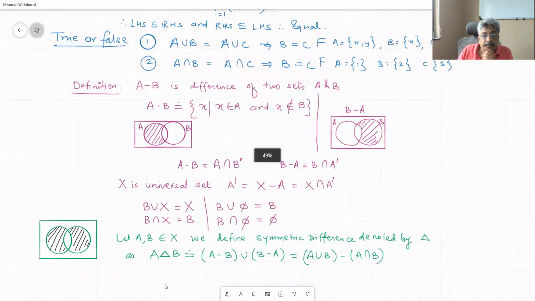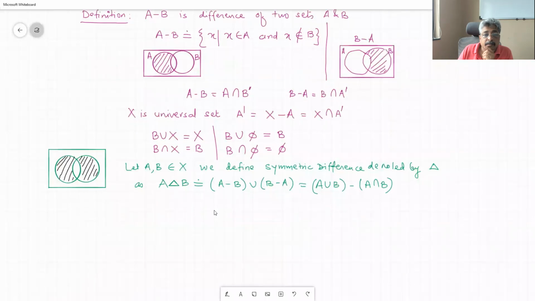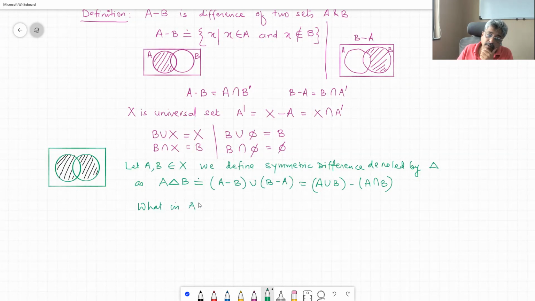Question. What is A delta A? What will be A delta A?